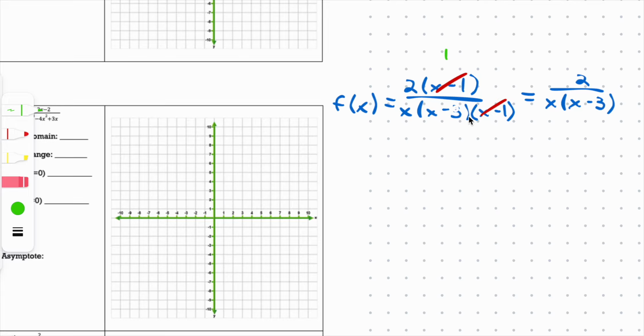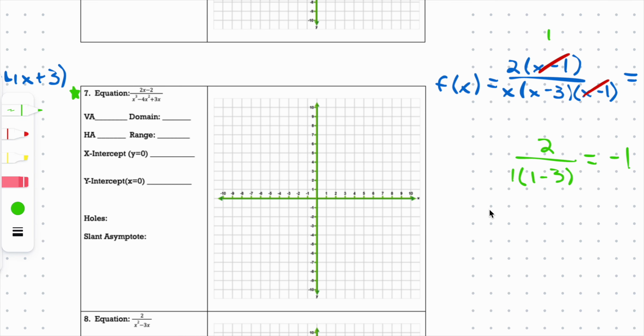Because 1 minus 1 is 0. When we multiply all this out, we get 0 over 0, and that's undefined. That's why we have that hole. And so let's plug in 1 into this new equation. So we have 2 over 1 times 1 minus 3. Now 1 minus 3 is negative 2. 2 over negative 2 is going to be negative 1. So we have a hole at 1, negative 1. Perfect.